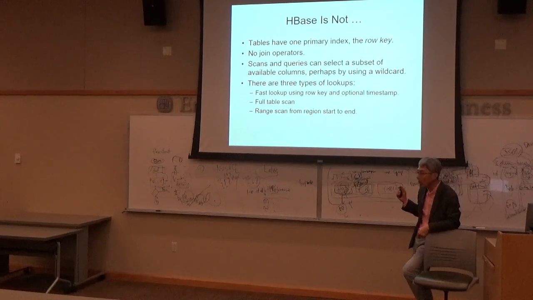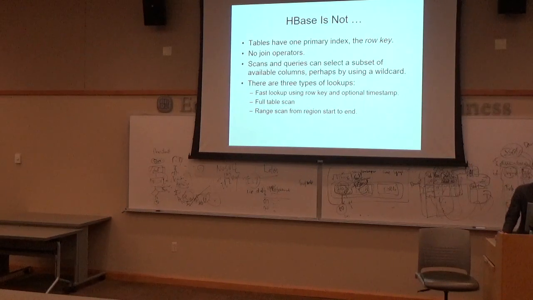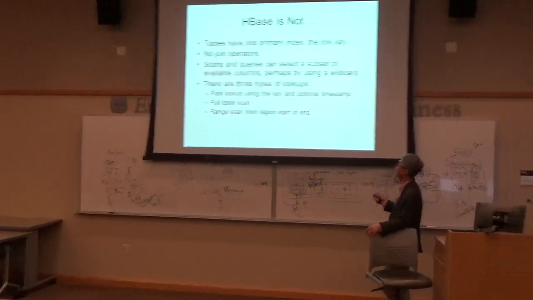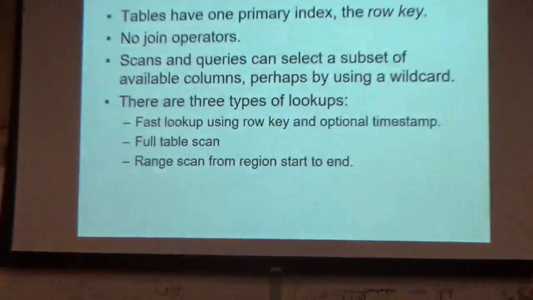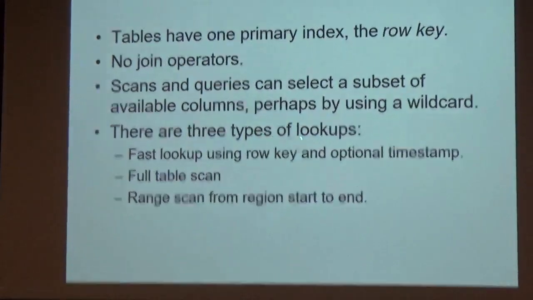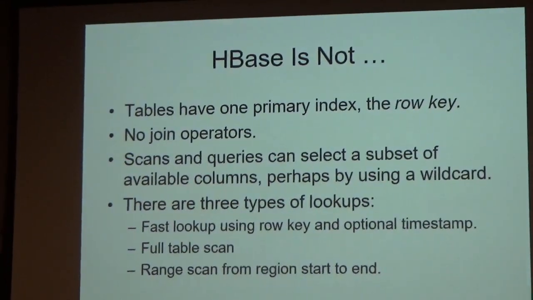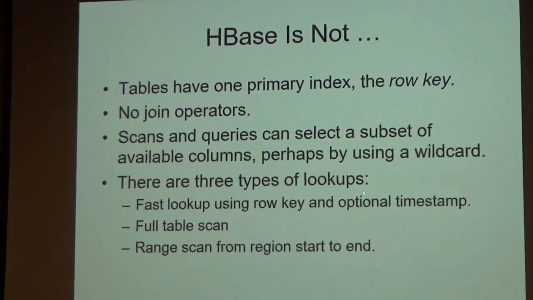HBase supports something like a join, but that is not a real join operation. To access the data, it's called a scan. It's not select. The name is different. It's called scan for the query and for specific columns and so on. There are different types, such as scan and lookup.